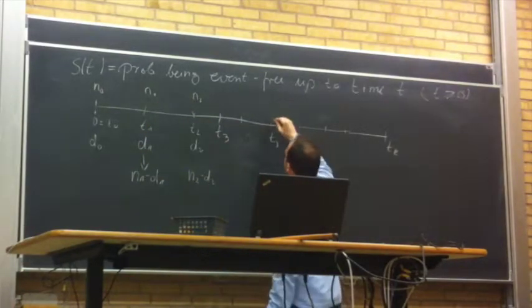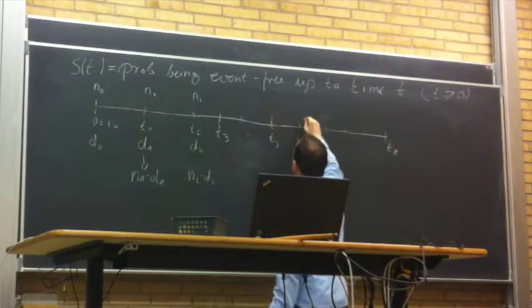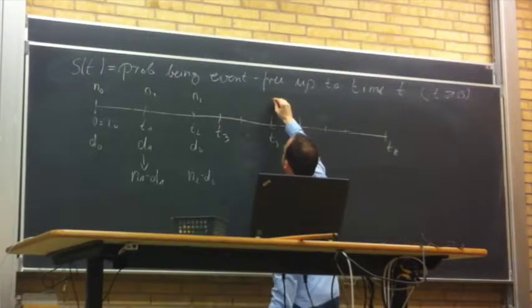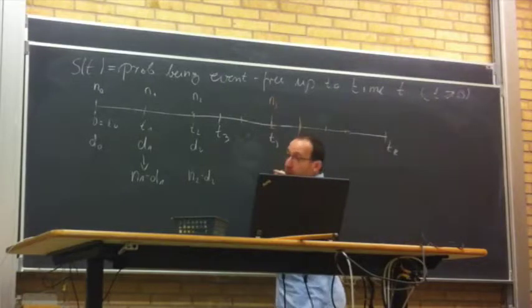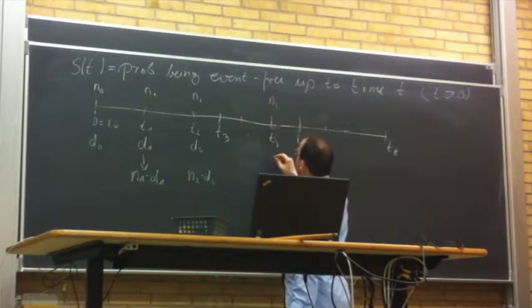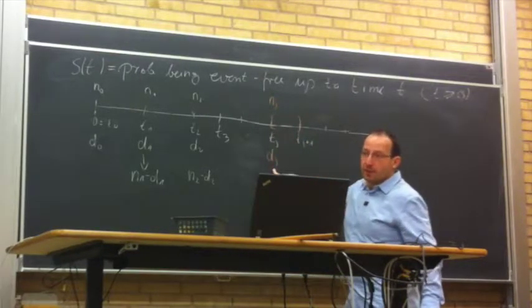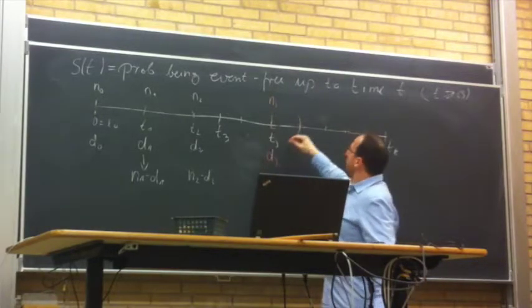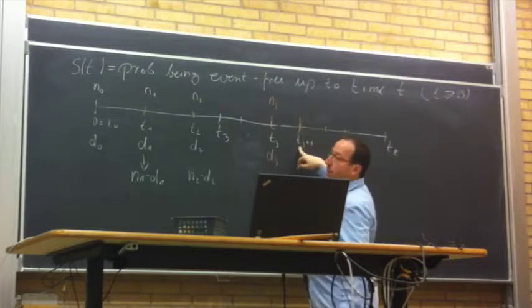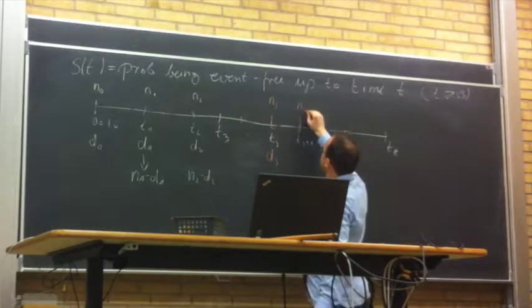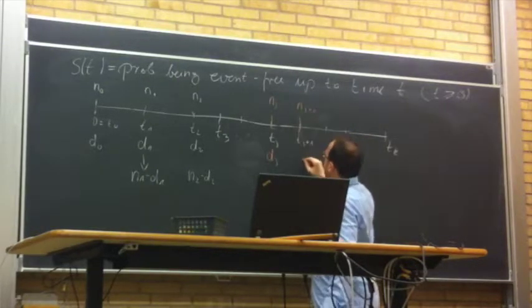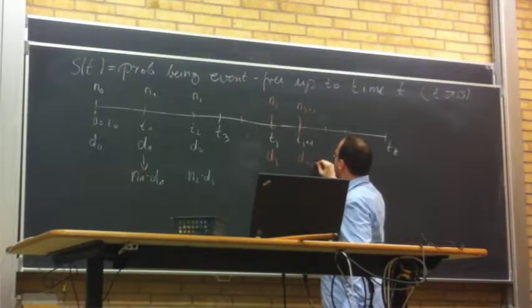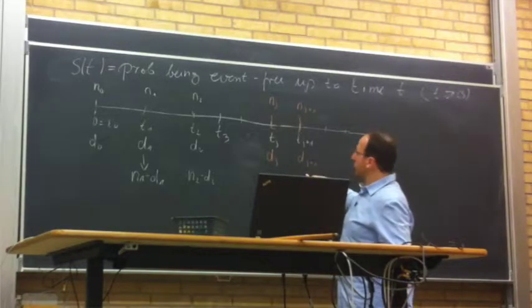At this time point we have nj patients under risk of experiencing the event of interest just before tj, and at this time point we have dj subjects experiencing the event of interest or relapse. And at time point tj plus 1, there are nj plus 1 patients.